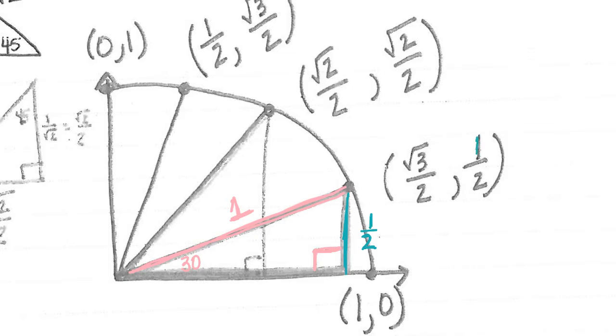And notice right here on the y, I have 1/2. Across from the 60 is going to give us this right here, the x point. So notice I'm going back and forth on the x-axis, and that x point is going to have to be root 3 over 2.